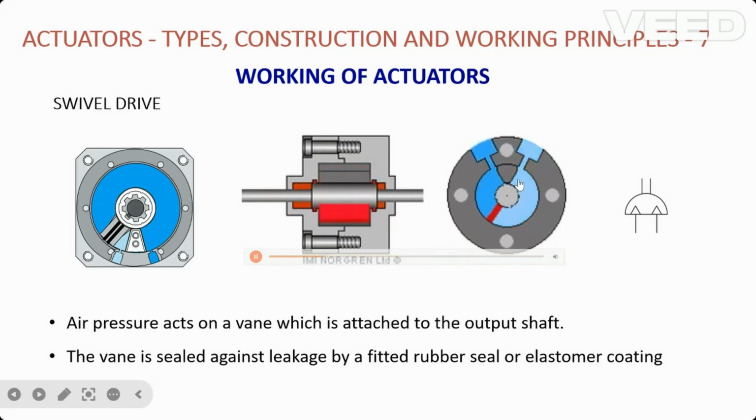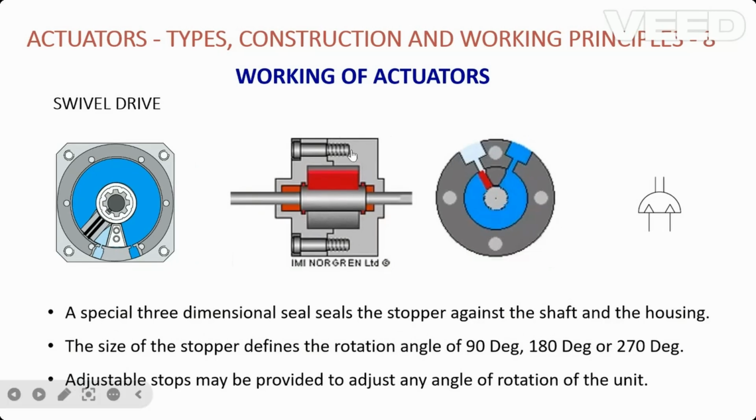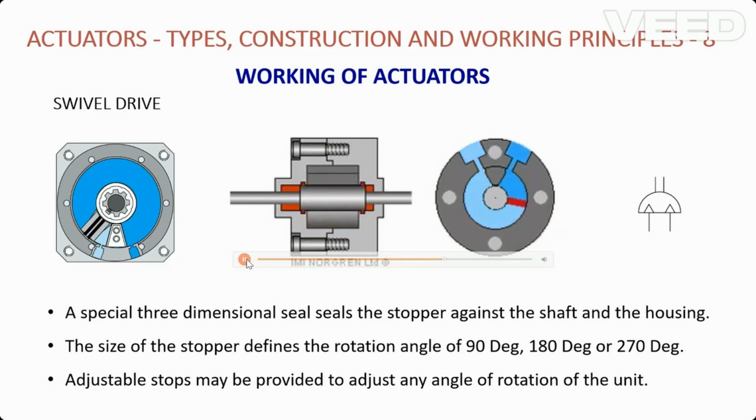When we send air from the other direction, the flap will rotate in the other direction and stop at the other point. In this way, we can rotate it in anti-clockwise and clockwise direction. For complete rotation purpose, we will be using it without any stoppers. So this is about rotary actuators.